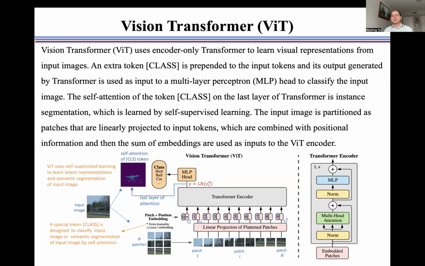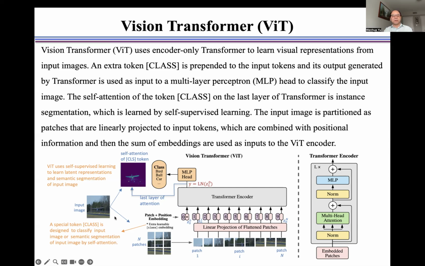self-supervised learning. The input image is partitioned into patches that are linearly projected to input tokens, which are combined with positional information, and then the sum of embeddings is used as input to the ViT encoder, as shown here. It's the architecture of a vision transformer, and this is the transformer encoder.